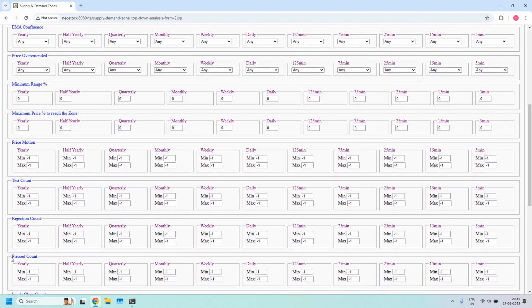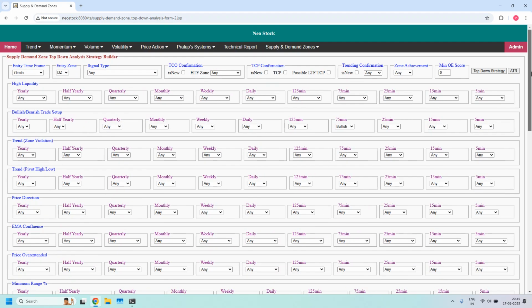So that's why in the pierced count parameter, at 75 minutes time frame, I am setting minimum value 0, maximum value 0. That means pierced count should be 0. Pierced count 0 means the zone is not pierced. Next, zone achievement violated opposing zone and minimum odd enhancer score is 12. All 3 filters are applied to the 75 minutes demand zone.